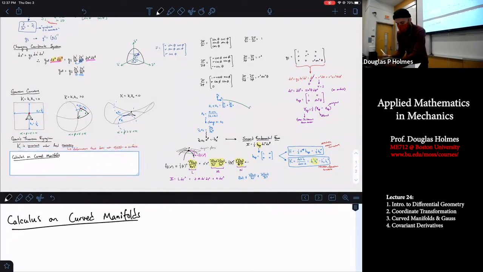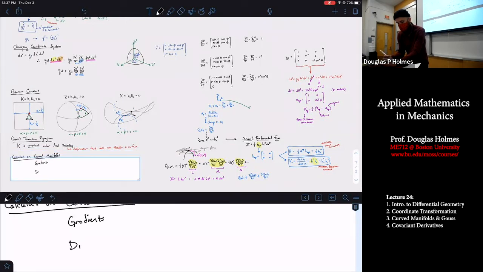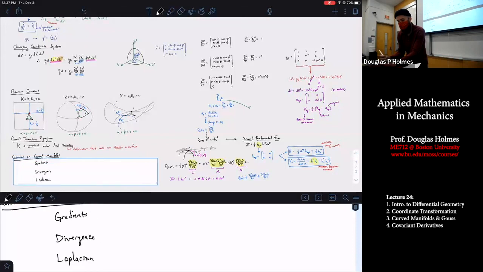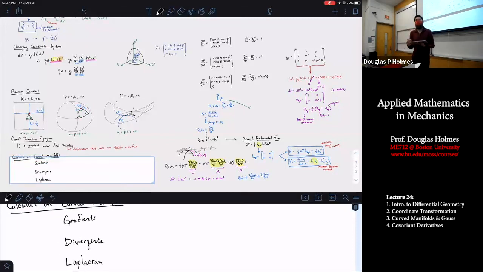So we're used to things like, I want to be able to calculate gradients. I want to be able to calculate a divergence. I want to calculate a Laplacian. These types of operators emerge as we start to derive the governing equations of whatever system we're looking at.